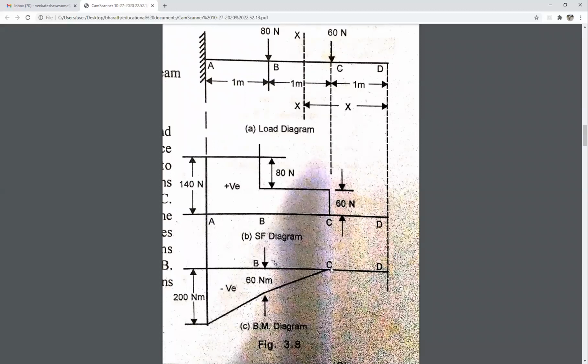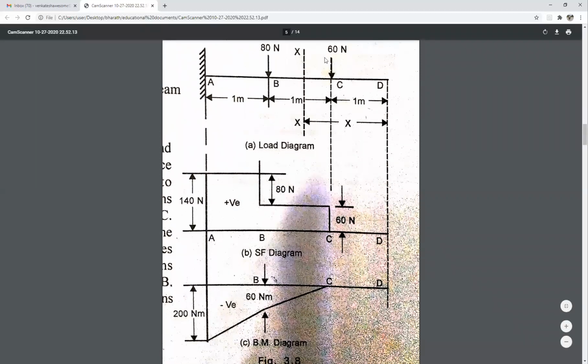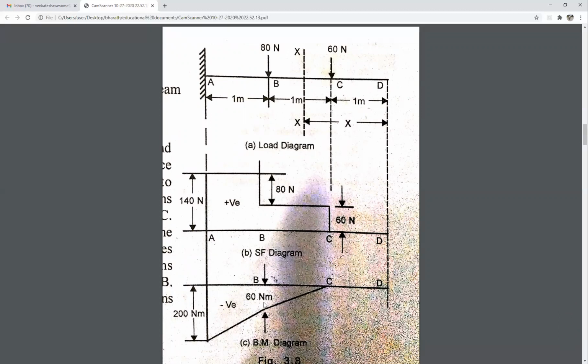So at B, how much bending moment will be there? 60 into 1 meter. Here the force will be 60 and the distance will be 1 meter. So at the point B, the value of the bending moment will be 60 newton meters. At the fixed end, how much could the bending moment be?